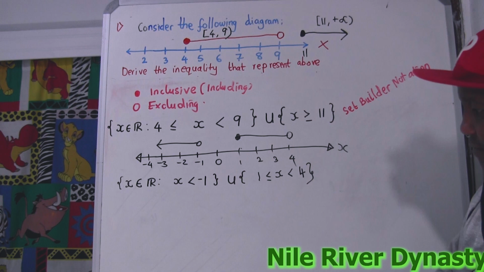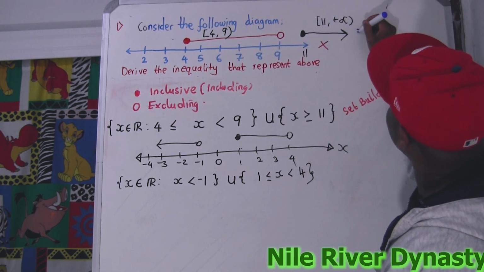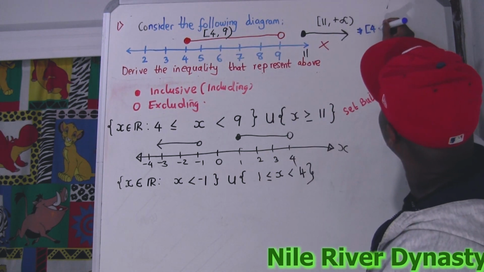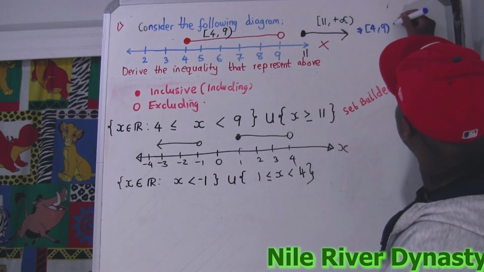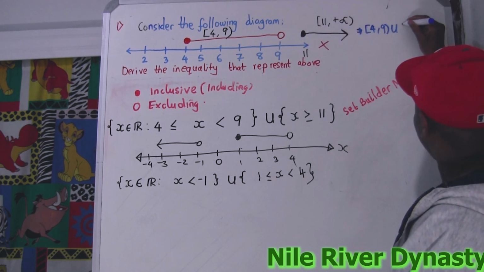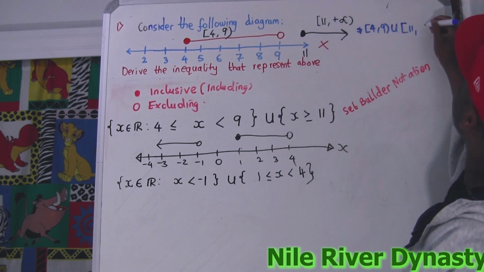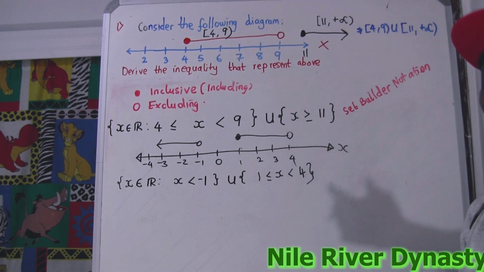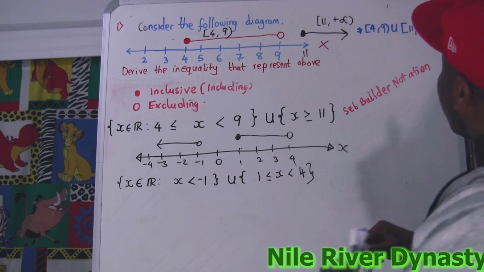Together, this means start from including 4 all the way to 9 excluding, and then we unite because it continues, including 11 all the way to positive infinity. For interval notation you must put where something starts and where something finishes. You must give two of them. This is called interval notation.